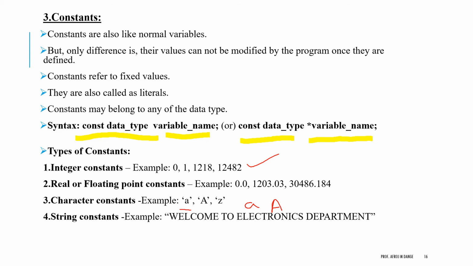Next one, string constants. These are a sequence of characters enclosed in double quotes, and they may include letters, digits, special characters and blank space.